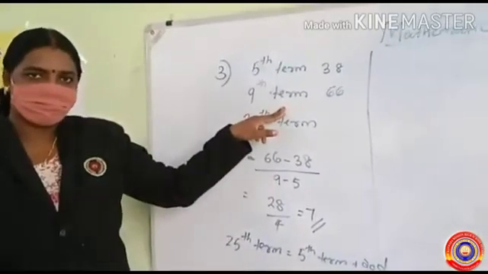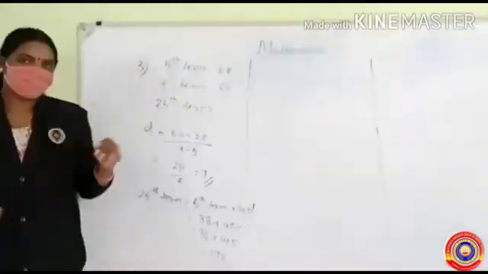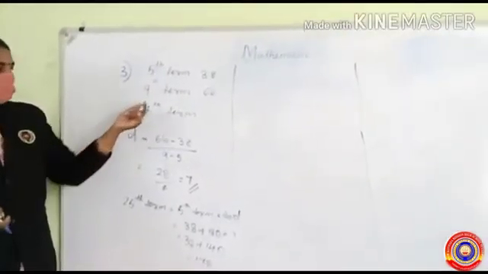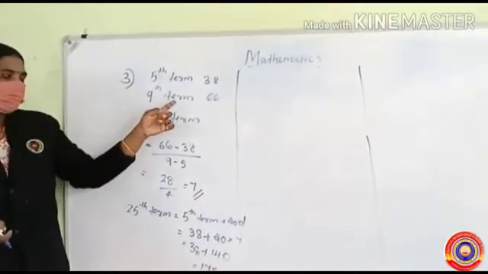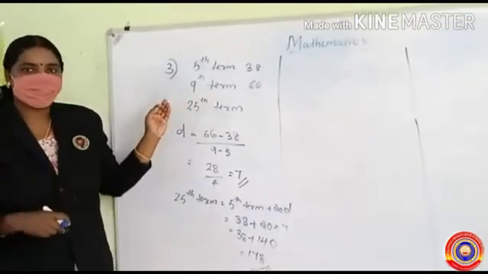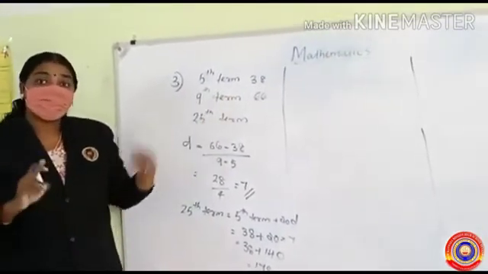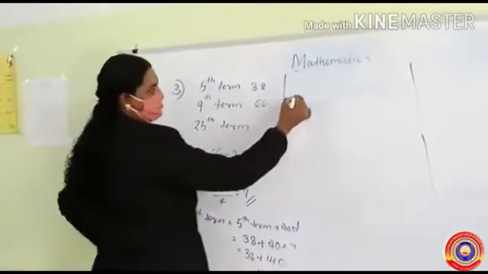Next, second method, we get 25th term from 9th term. We must add the common difference 16 times.